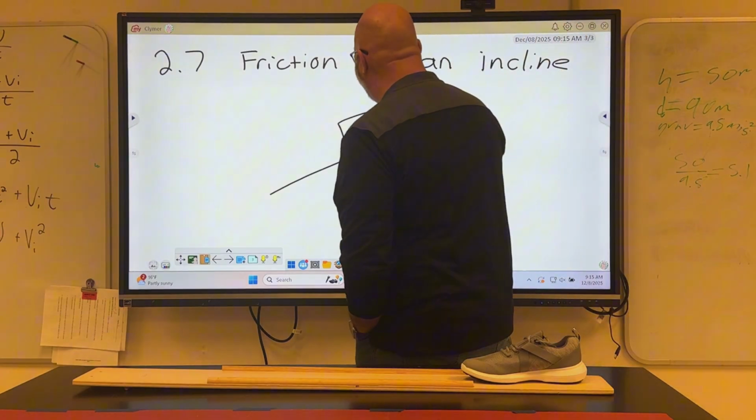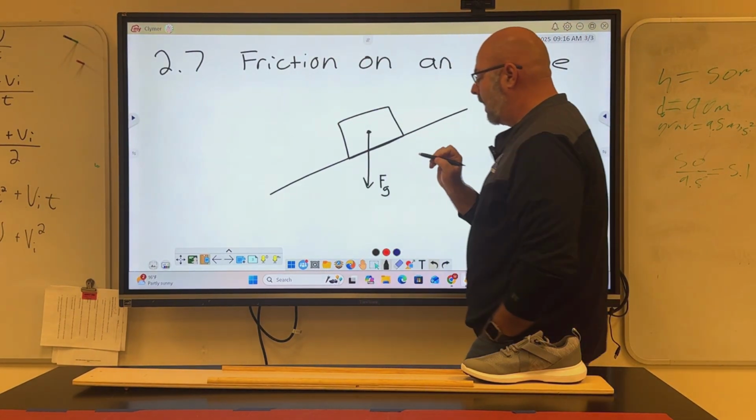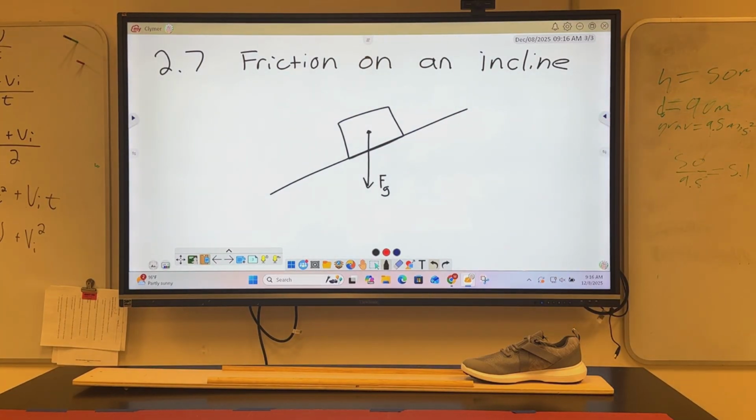Gravity. What direction is gravity? Straight down. Just like we've always drawn it on every free body diagram ever in the history of gravity. We need a normal force on here. I agree 100%. But what direction is the normal force going to be? Perpendicular to the surface. And why?